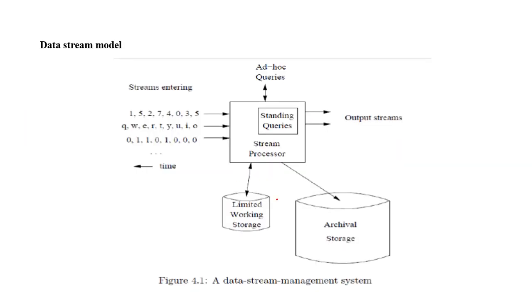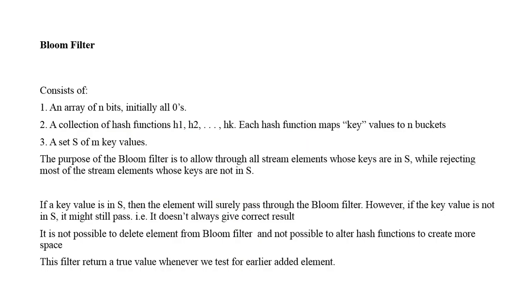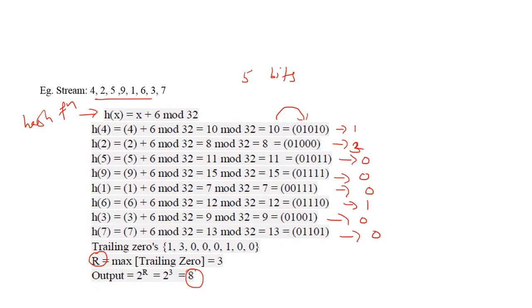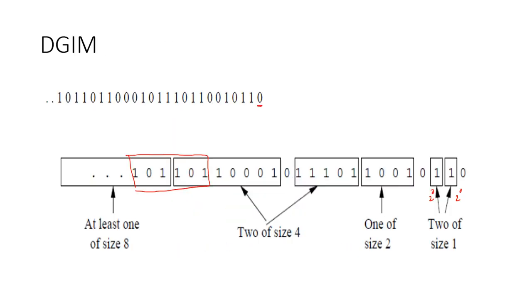Next, let us take the data stream model. Before this, I think one point was missed. Just wait. As you can see in the DGIM algorithm, if there is a question asking how to find the number of ones present in the data stream, as we know, the bucket always contains a number of ones which is a power of 2.